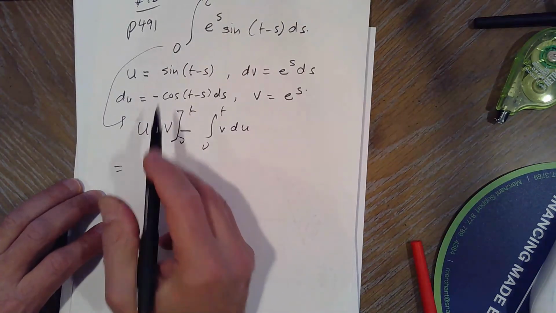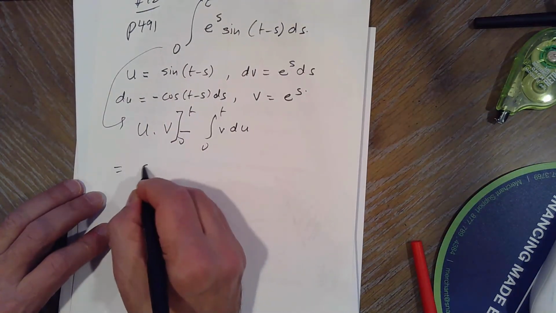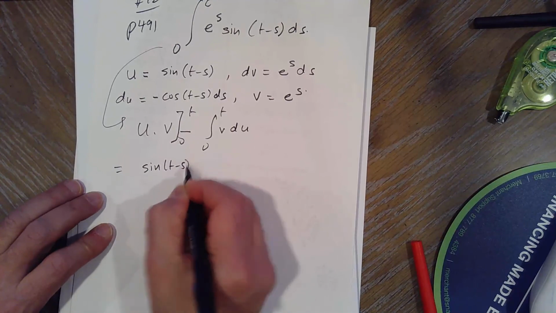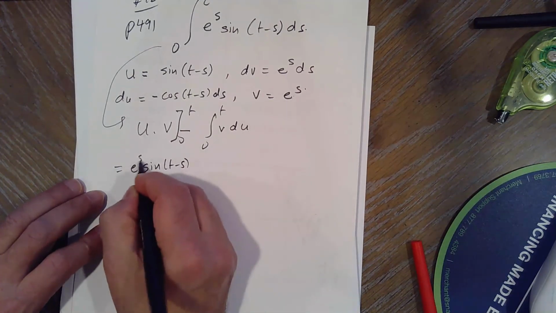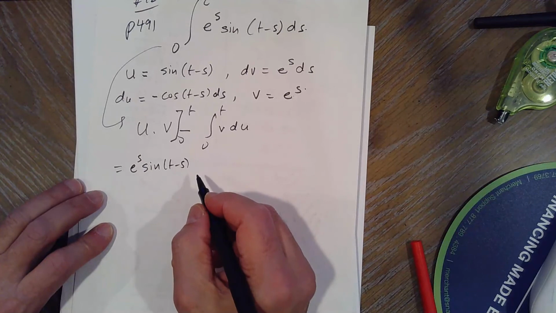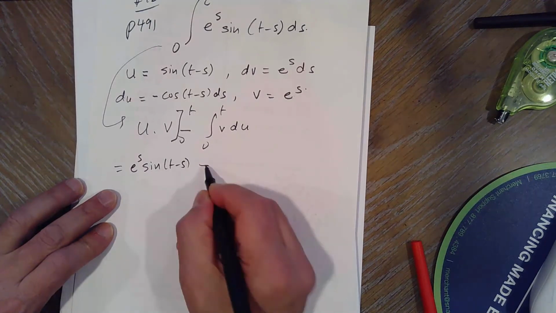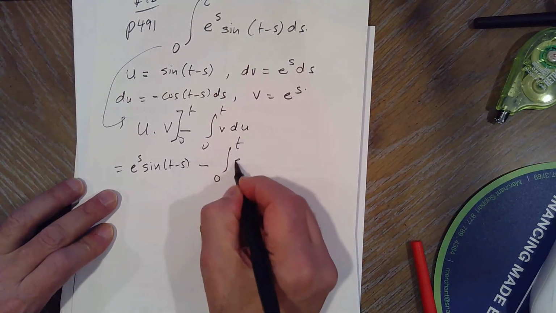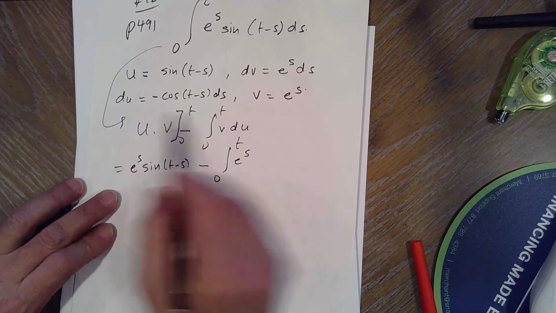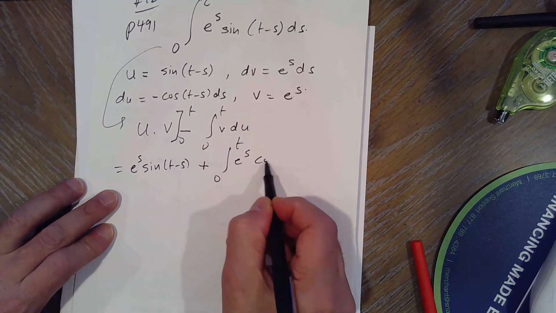So u is sine of (t minus s) times v, v is e to the s, minus the integral of v du, which is all this guy, so it's a plus cosine of (t minus s) ds.